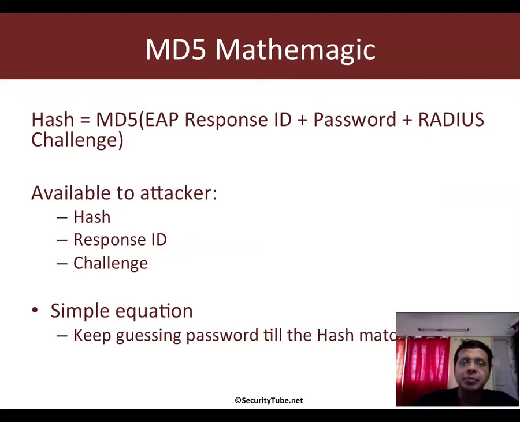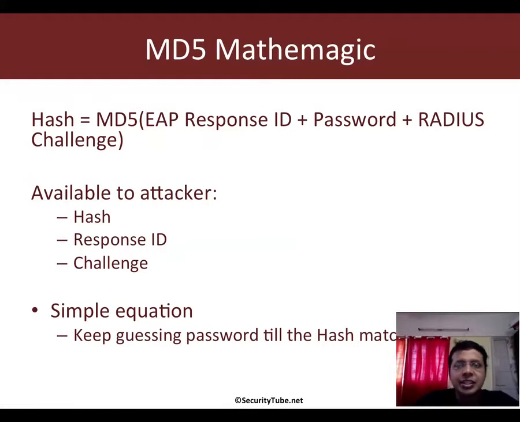So what is the mathemagic behind MD5 cracking? Very simply, the hash is nothing but an MD5 of the EAP response ID, which is a little number in your EAP packet, along with the shared password known both by the Radius server and the user.